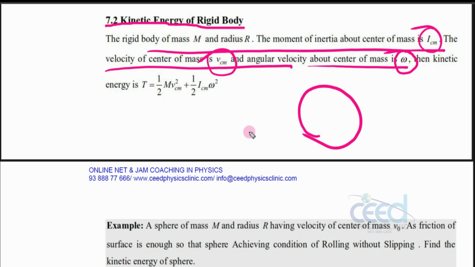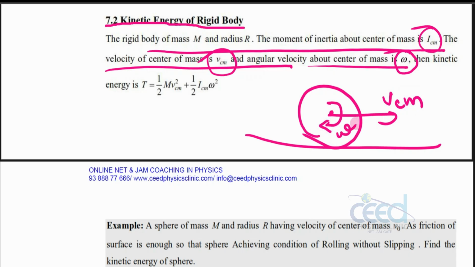Suppose the body has both translational motion with the center of mass and is rotating with omega. So it has two terms in its kinetic energy: one is translational kinetic energy, the other is rotational kinetic energy. The sum of translational and rotational kinetic energy is the total kinetic energy, T equals half m v center of mass square plus half I center of mass omega square.